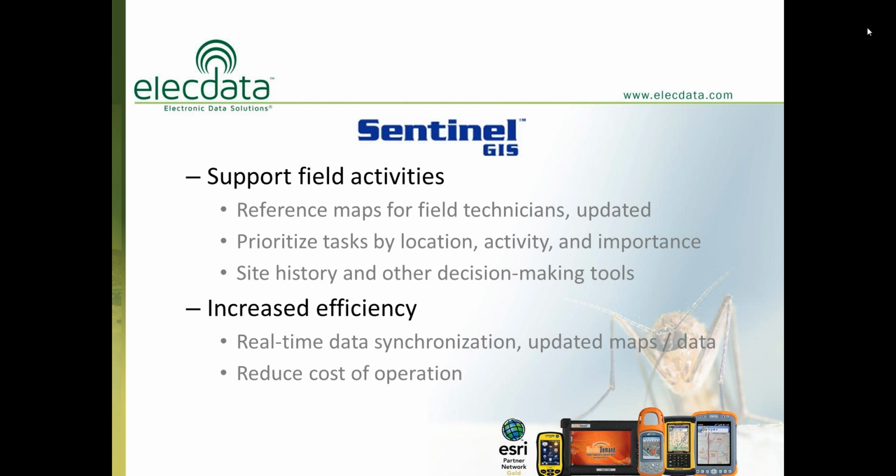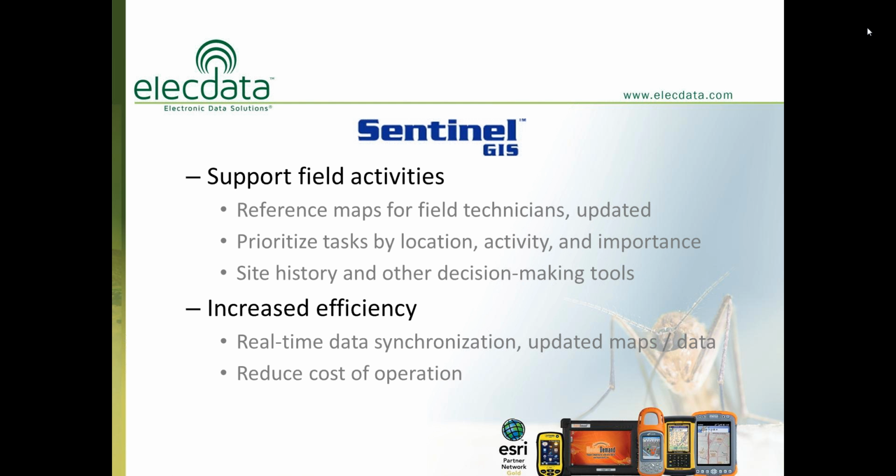Another example of how Sentinel GIS supports field activities is the ability for technicians to review site history for previous inspections and previous treatments at a specific location. Other tools for decision making include a chemical calculator, which helps technicians determine how much product to use to treat an area of a certain size or defined size.